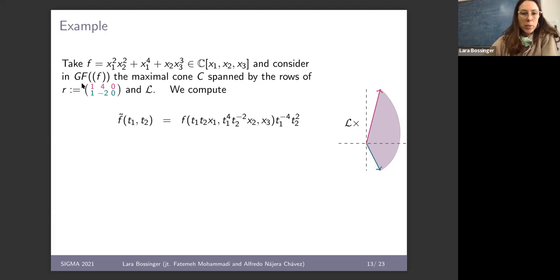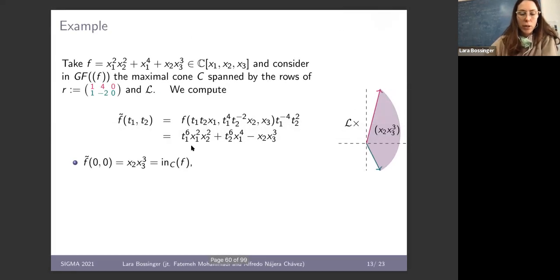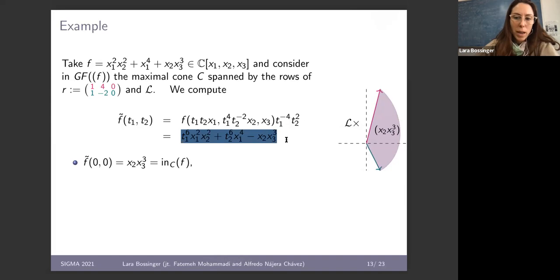The minimum is obtained at two points, at these two monomials, and it's 4. So I have this exponent minus 4, just to introduce a sign. So this is my lifted polynomial. I have the same number of monomials as before, just that every monomial in x's now has a corresponding monomial in t's.